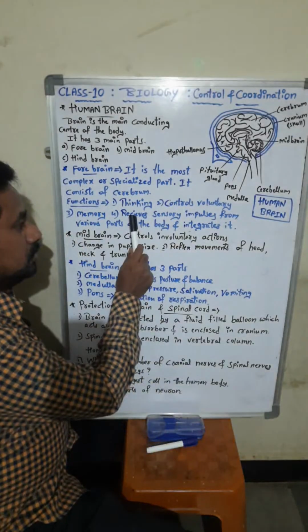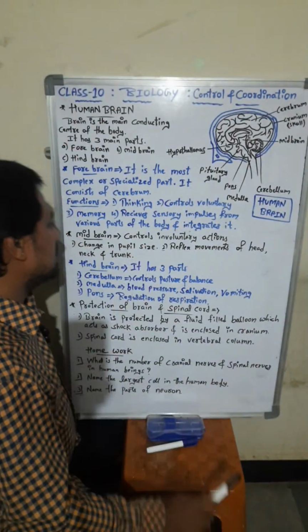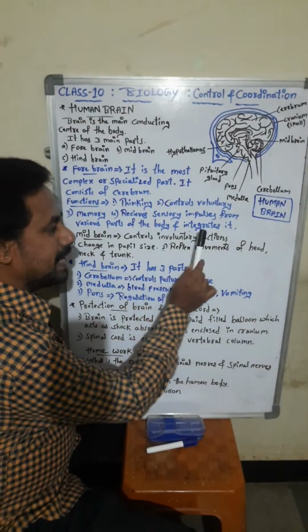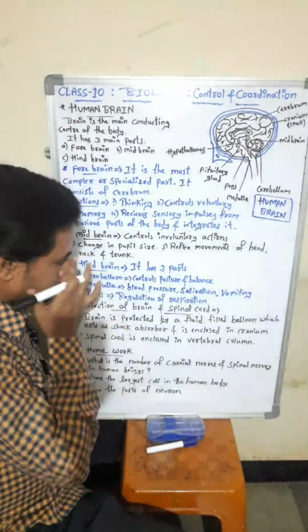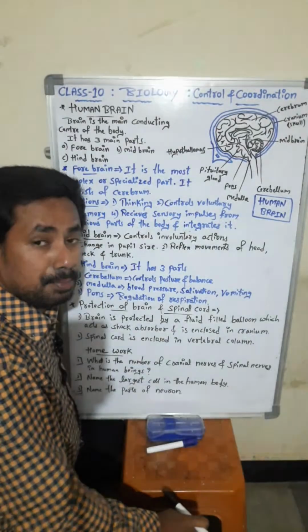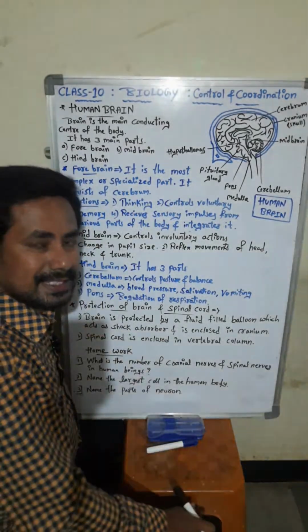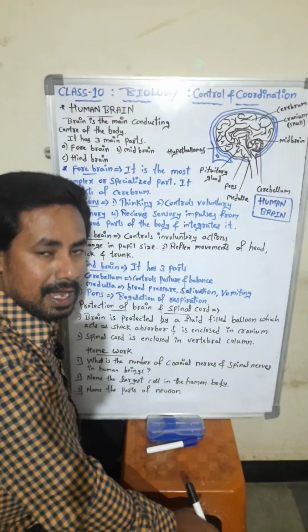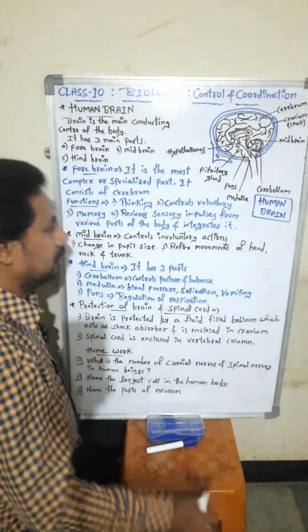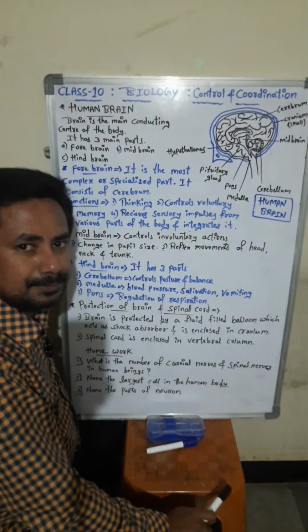Fourth, it receives sensory impulses from various parts of the body and integrates them. Information coming from the different parts of our body comes to this part, the cerebrum. Smell, how will you detect it? From the forebrain.